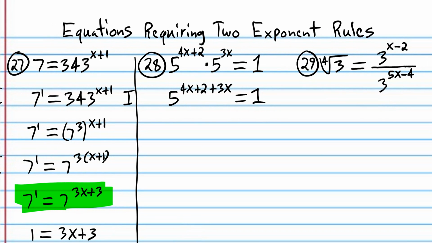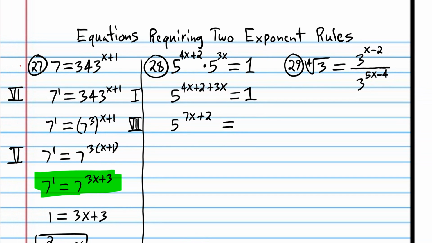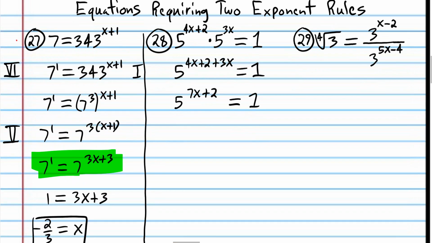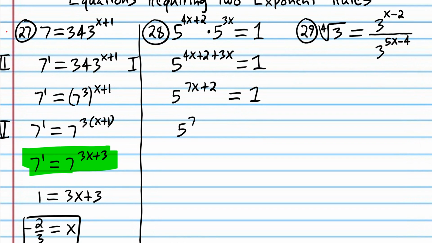And at that point, we're going to use rule number 7. 4x plus 3x is 7x. I'm going to hold off on rule number 7. I'm going to try to do everything step by step to avoid confusion. So I'm going to use rule number 7 at this point.